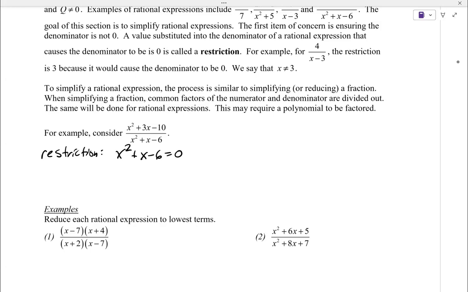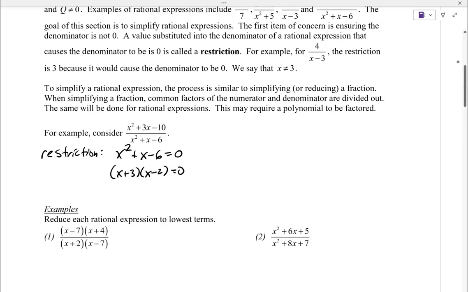We're going to factor that left-hand side of the equation. And we'll set each factor equal to 0, just like what we did for the exam, right? How does that factor? Good. If you need to use the AC method, that's perfectly fine.